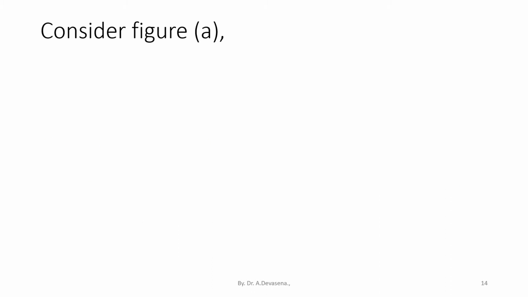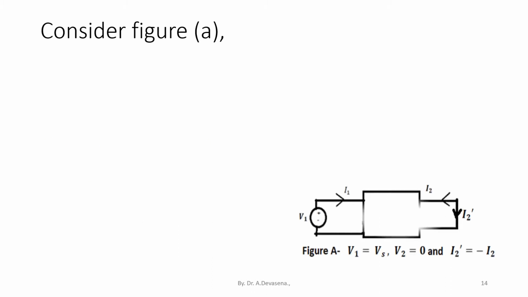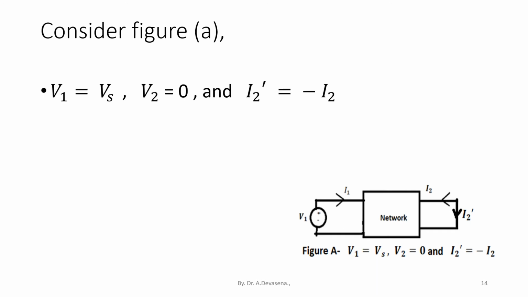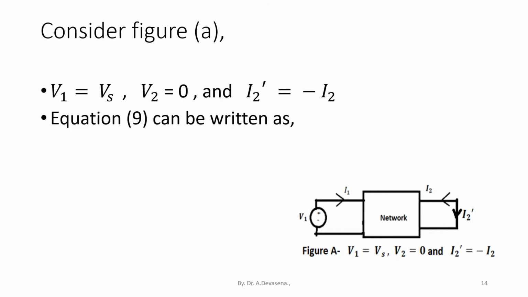Consider figure A. This is the representation of figure A. In this figure A, we have considered V1 is equal to Vs, V2 is equal to 0 and I2' is equal to minus I2. Hence, equation 9 can be written as I1 is equal to Y11 V1 plus Y12 V2.